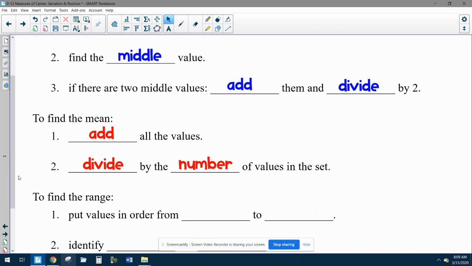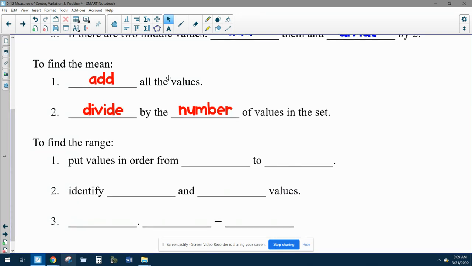All right, to find the range, we're going to, again, put the values in order from smallest to largest. Super important, guys. It has to be in order from smallest to largest to find the range. So now we know that the range is going to be the difference between the two. We want to find the maximum and the minimum, which will just be our two outside numbers, right?